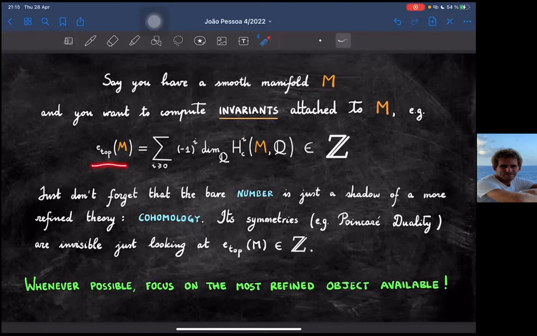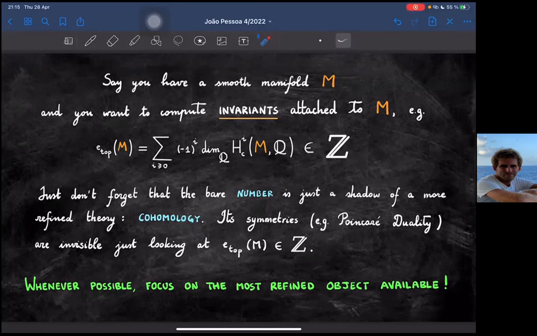So what's the Euler characteristic? It's an alternating sum of dimensions of the cohomology groups of our manifold, and that's an integer. Now, it's fun to compute Euler characteristics, but we should never forget that these numbers are just a shadow of something more sophisticated, something more refined. In this case, cohomology.